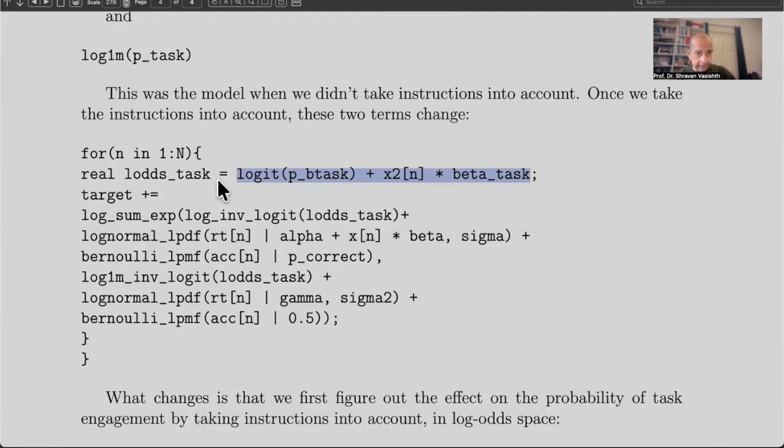So we create this term first, and then we plug that in here.